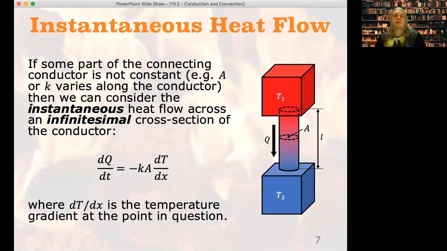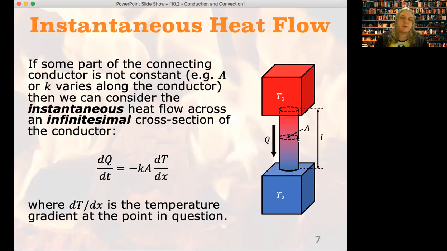Sometimes the connector, which I've drawn as a nice uniform cylinder from the top object to the bottom one, isn't constant. So the area might change, or the material that it's made of might change, which would change K as it goes through, in which case you can't necessarily determine Q for the whole object easily. But what you can do in such cases is find the instantaneous heat flow across some infinitesimal cross-section of the conductor.